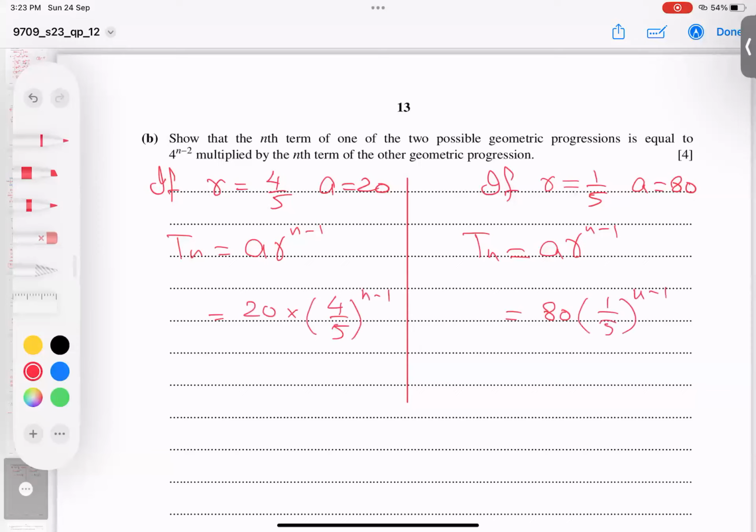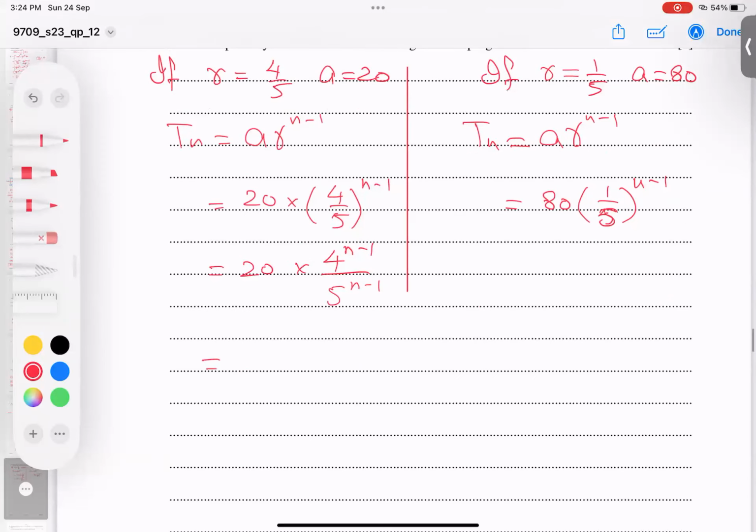Now there is only one similarity. I have to show this in multiplied format. The only thing common between them is 1 by 5 and 1 by 5, but this 4 is extra. So what will I do, students? I will separate the 4 to the power n minus 1, and here I write the same, 1 over 5 to the power n minus 1. Okay, this is where Tn comes from.